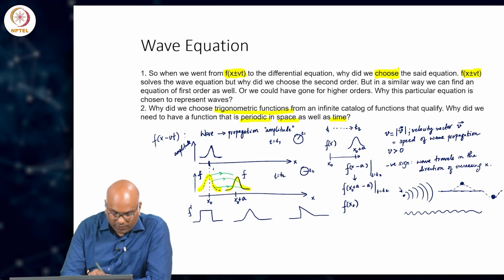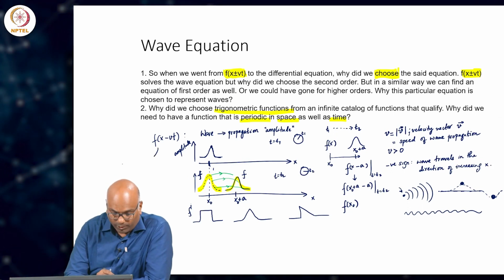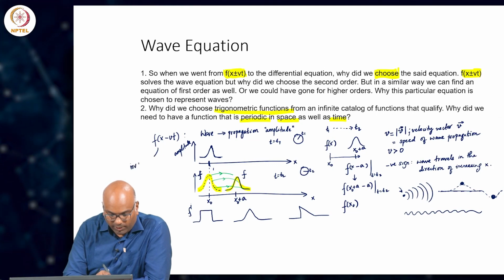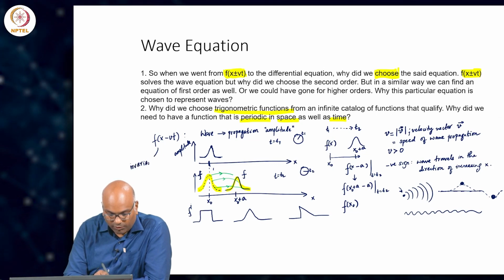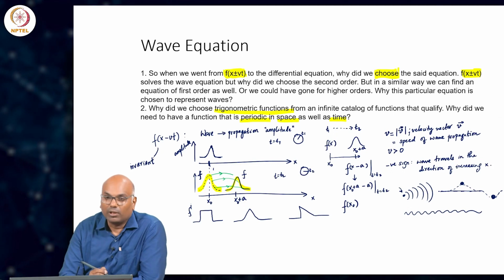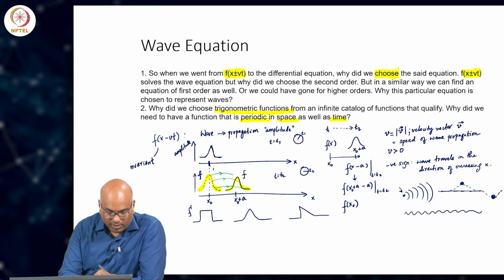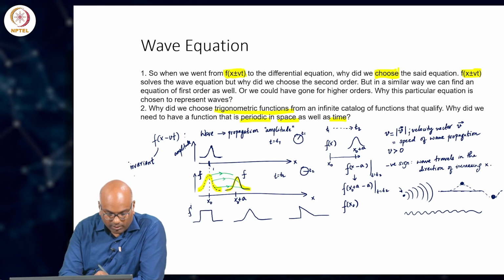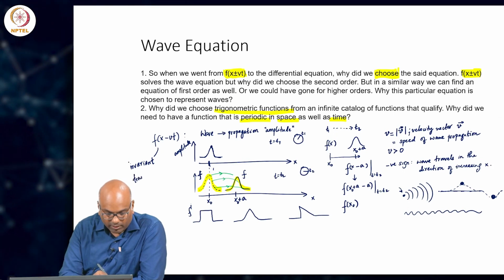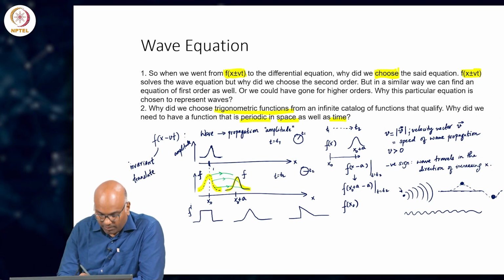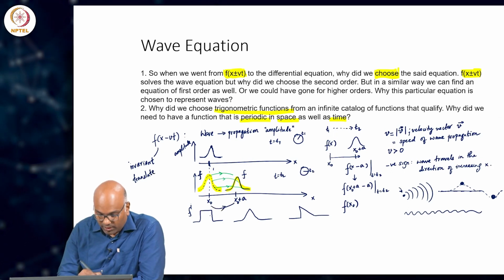So, this function, if I were to put it in more sophisticated terms, should be invariant. The form, the shape of the function should not undergo any variance. It should be invariant when translated, that is, when it is moved from something centered at x naught to the same thing centered at x a.